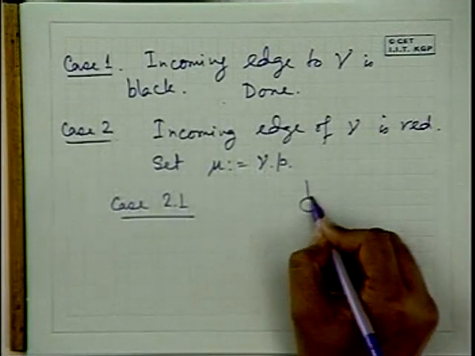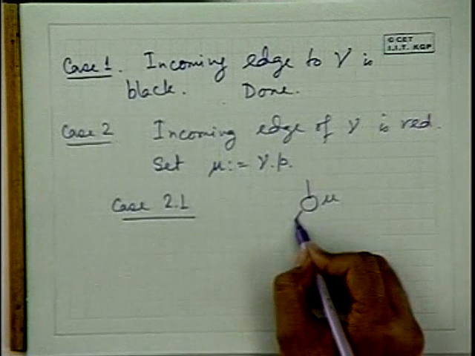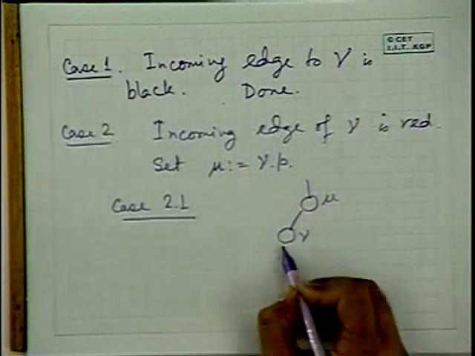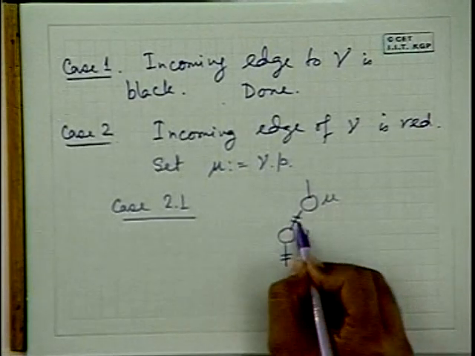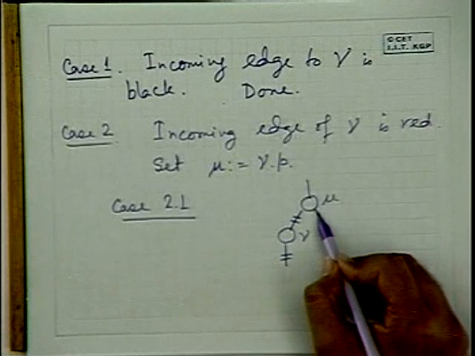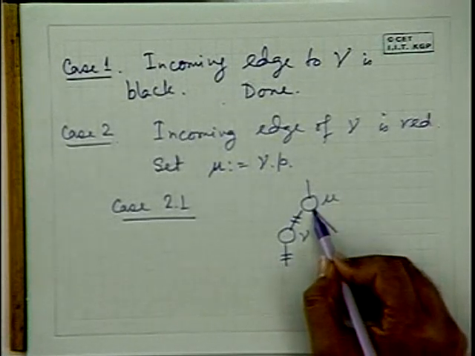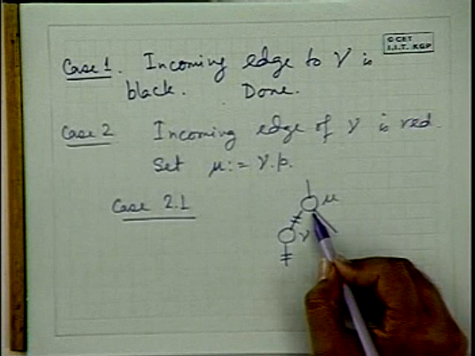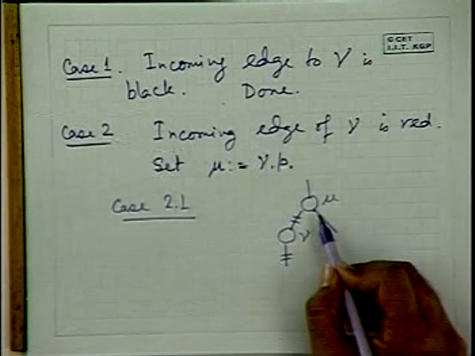Now suppose this is my mu, this is the new, and this one was red, this one was red. This is the situation. And in this case, mu must have at least one right child. It cannot be without a right child. You find out why.